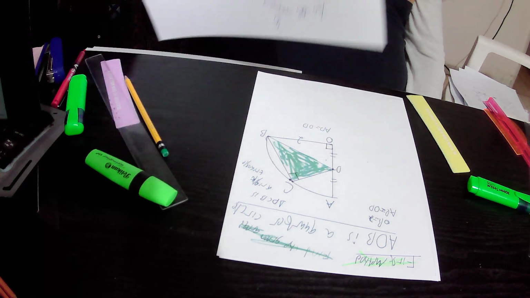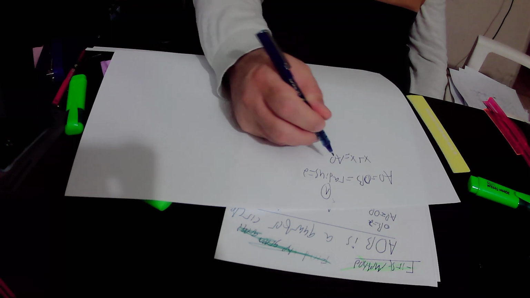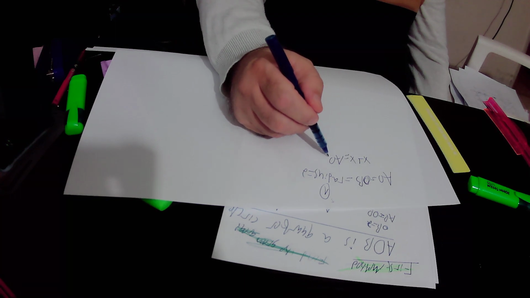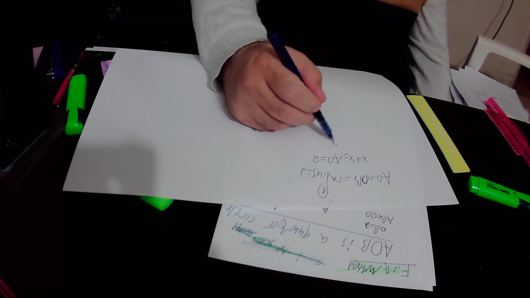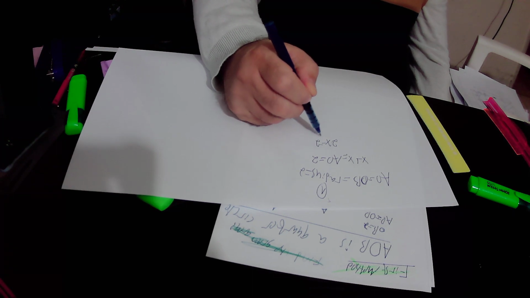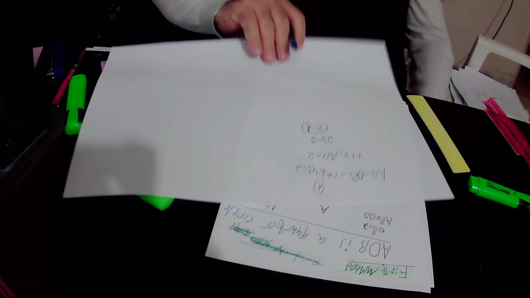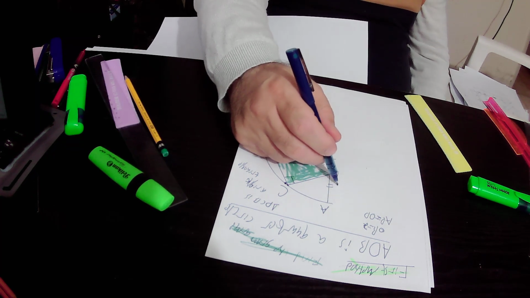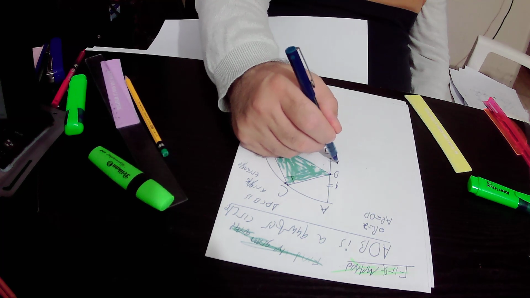That is to say, X plus X equals AO, but because AO is the radius of the circle, it is equal to 2 units. So X plus X equals 2X, that is 2. 2X equals 2. We'll divide this equation by 2, and we get that X equals 1 unit. That is to say, AD that is equal to X, it is equal to 1 unit. And DO that is also equal to X, this is also equal to 1 unit.